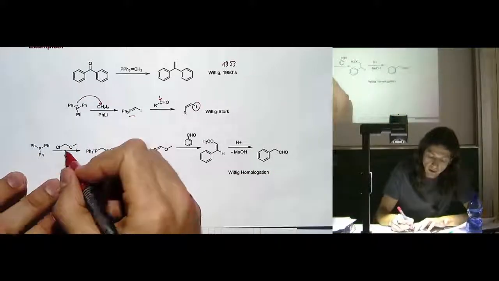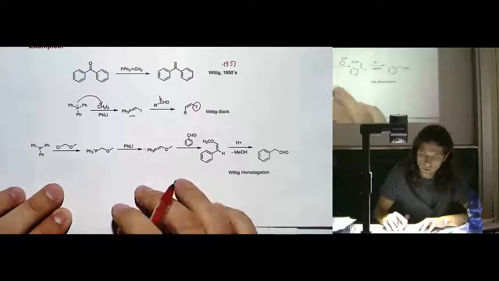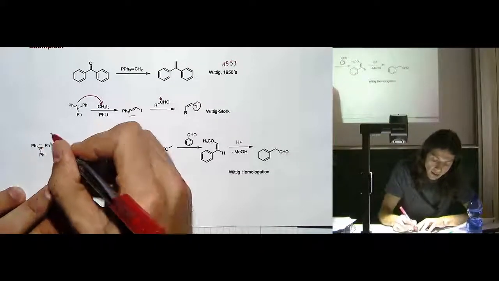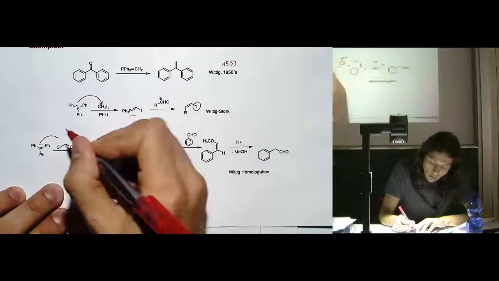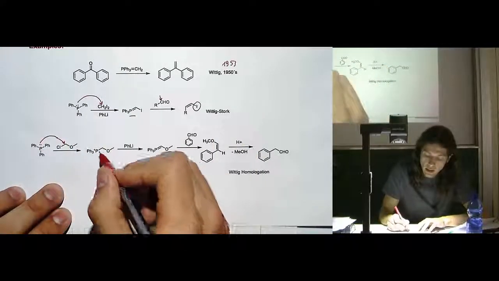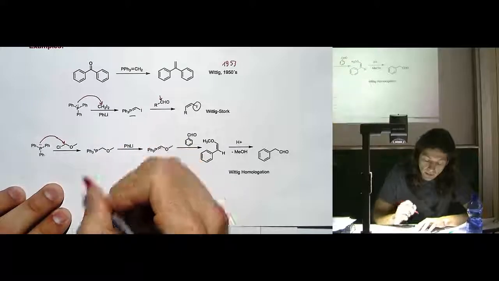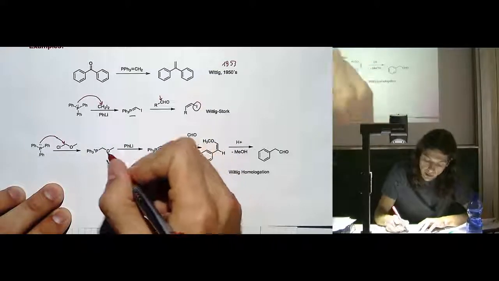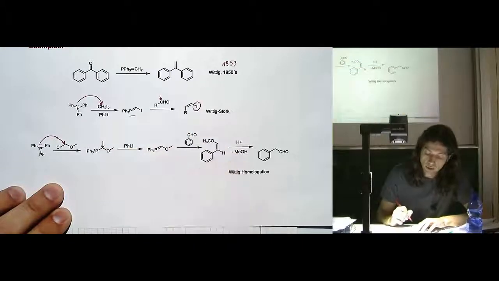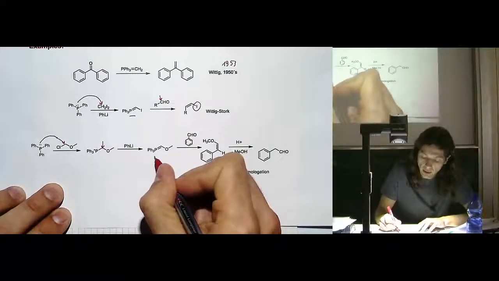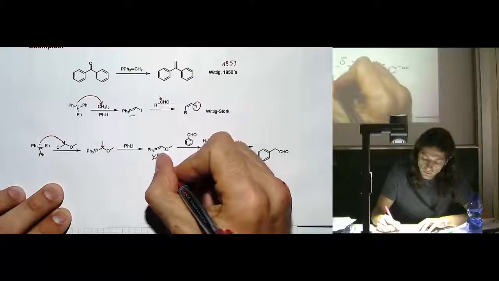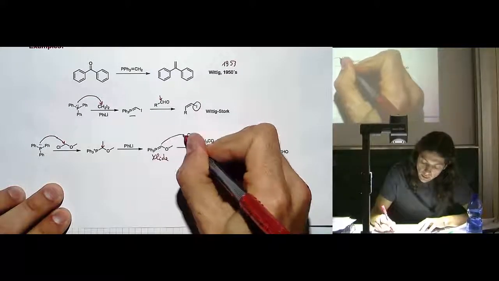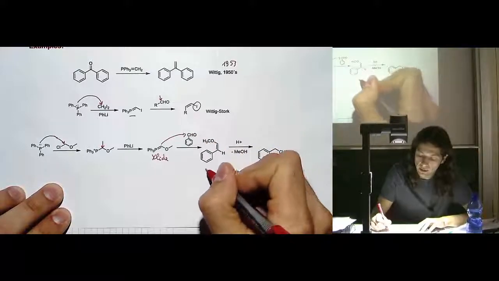We start from this chloride derivative. Phosphorus again, substitution of the halogen to give this phosphorus derivative here, this phosphonium. Then deprotonation of this carbon to give the halide, and then the halide can attack the carbonyl to give this product.